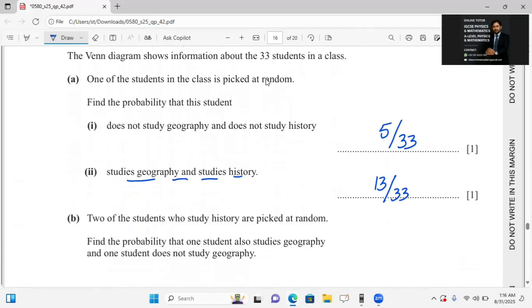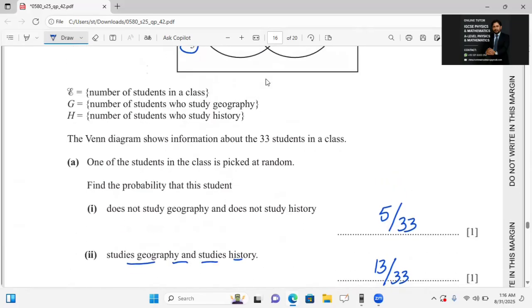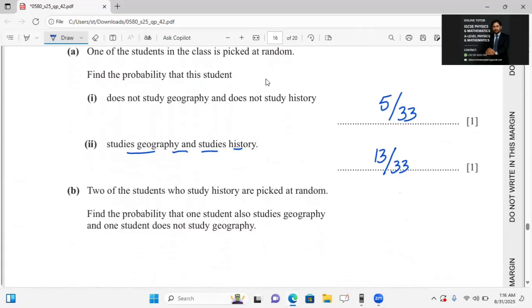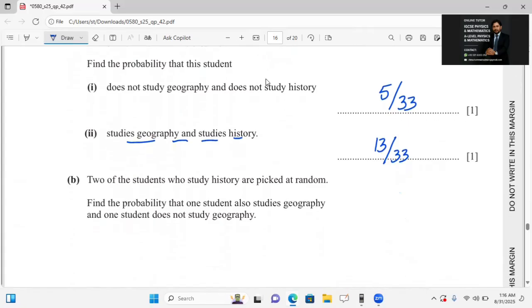Then in the third part, he is saying 2 of the students who study history are picked at random. Find the probability that one student also studies geography and one student does not study geography.